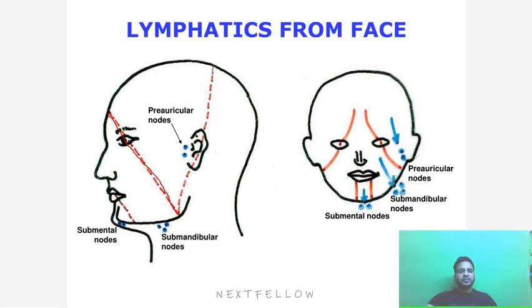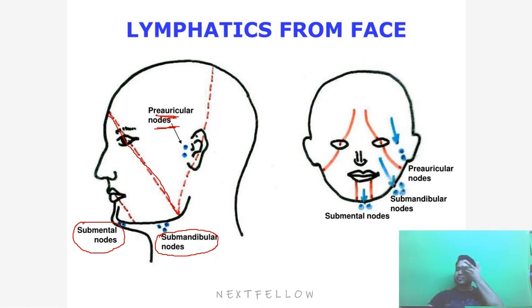The area above drains to the pre-auricular nodes, and the area below the line consists of the upper lip, lower lip, maxilla, etc. This drains mainly to the submandibular nodes, and the area of the chin and the lower lip drains to the submental lymph nodes. So this is just a basic idea. If the examiner wants to ask certain questions, you can remember by this line.